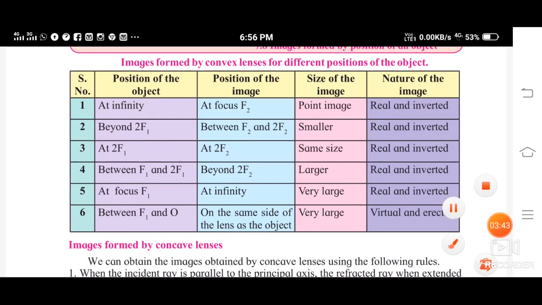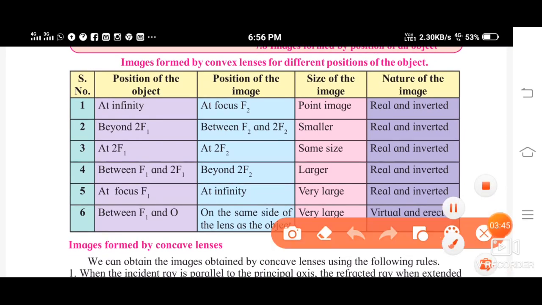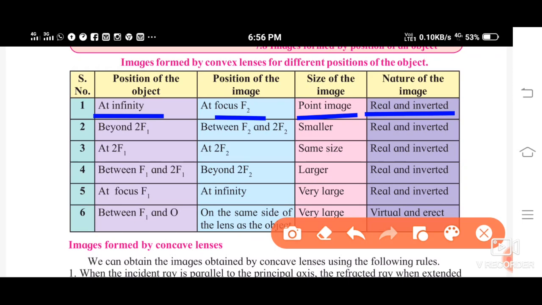See this table. When you keep the position of the object at infinity, the image will be formed on f2. How will the image be? Point image. Nature of the image: it is real and inverted.